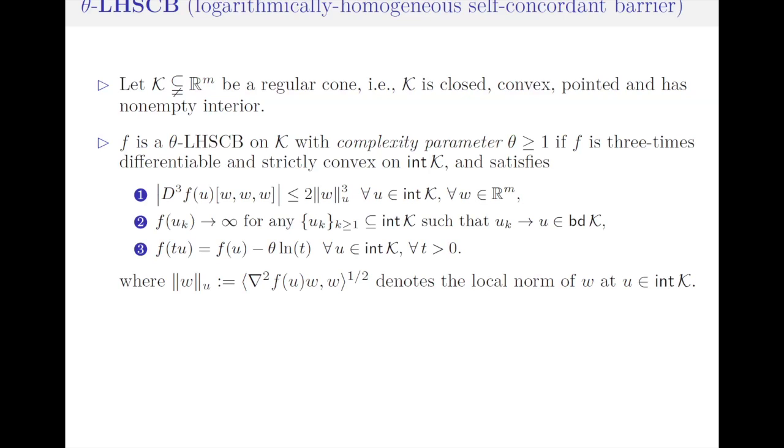The second one is that the function has to blow up on the boundary, which is the barrier property. And the third one specifically explains why it is called logarithmically homogeneous. It means that if I fix any point in the interior of K and scale it by t, then the function will behave like a log along the ray of the cone.